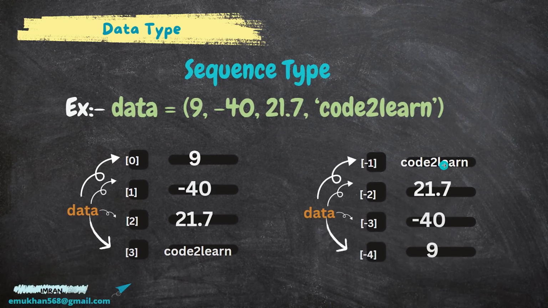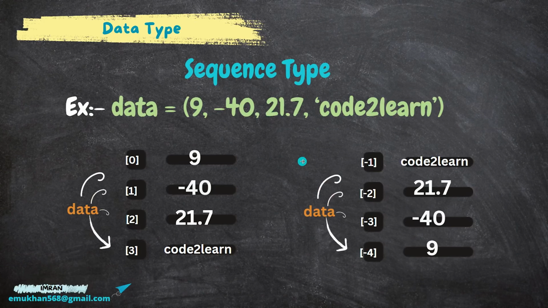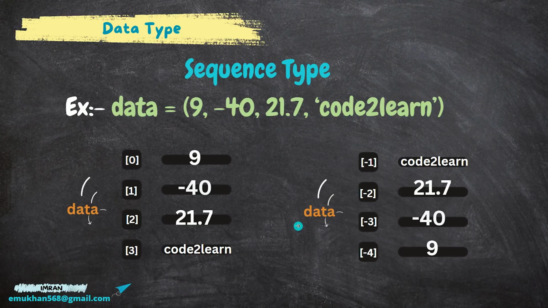You can only see, but you cannot modify it. It's only readable, not modifiable. You cannot modify the elements. That is the big difference between list and tuple. But you can cast a list to tuple or tuple to list. I will give you the practical example in the practical session.